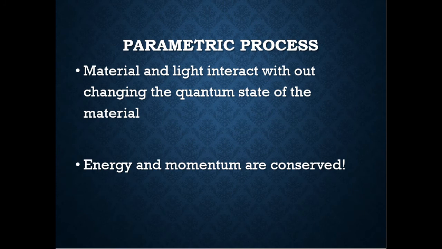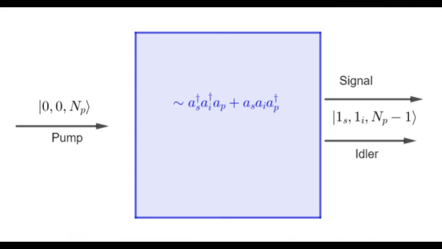In SPDC, or spontaneous parametric downconversion, a high energy input photon called the pump photon, on interaction with the material, produces a pair of low energy photons called the signal and idler. To think about it, it is like a time reversed process of sum frequency generation.